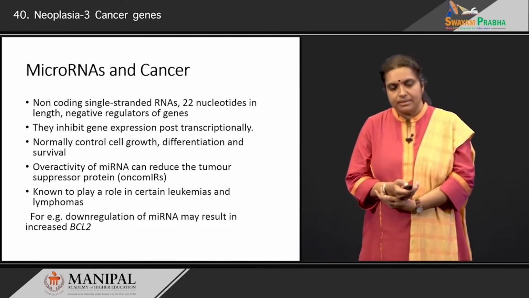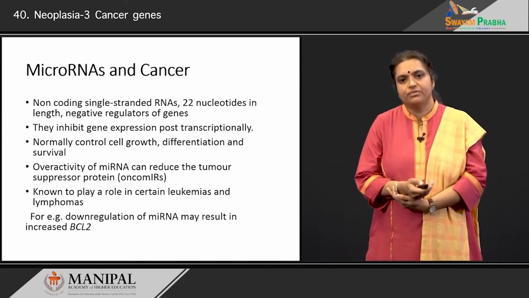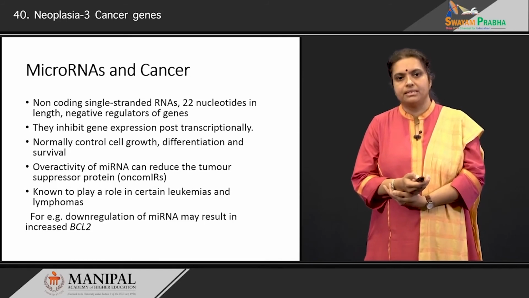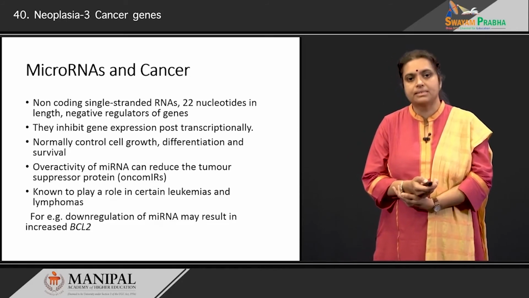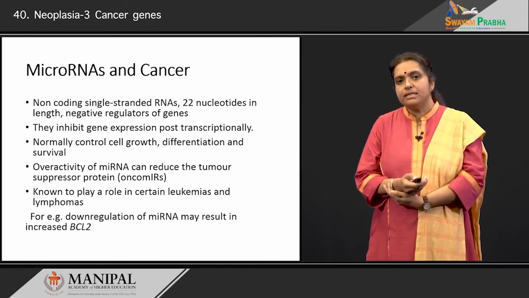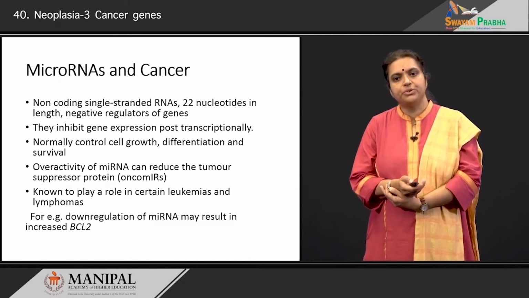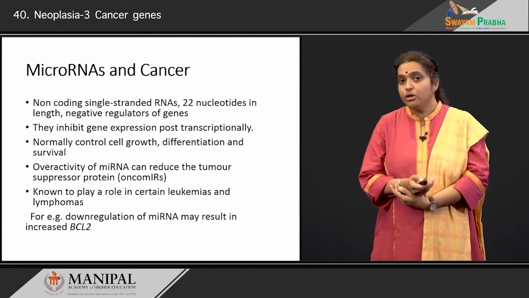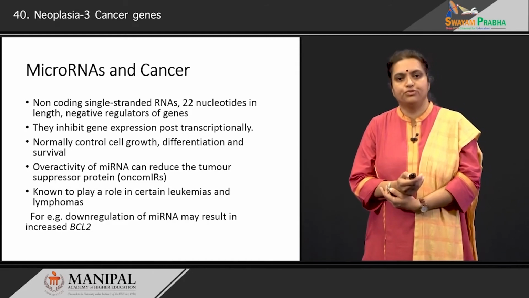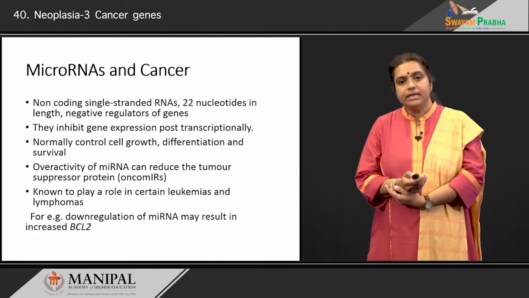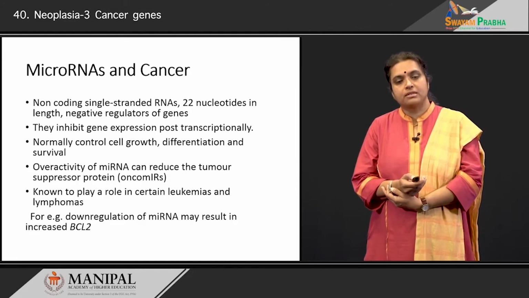The other new and emerging aspects of genetic changes in cancers include the microRNAs. MicroRNAs are nothing but single stranded RNAs which are about 22 nucleotides in length. They are normally negative regulators of genes. They inhibit gene expression post-transcriptionally.